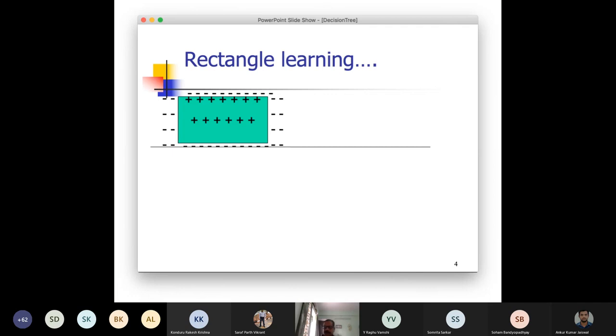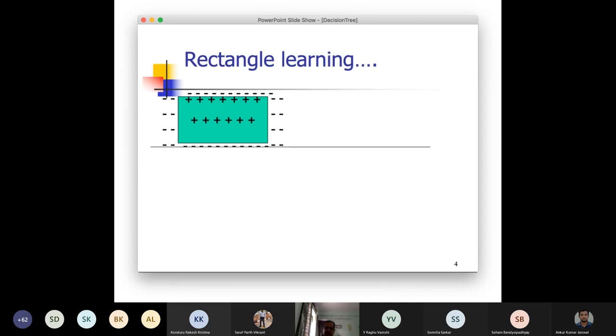Another example of this kind of concept of decision tree. Suppose I give you a set of labeled points in a two-dimensional space, and the labels are shown here already. They are positive or negative. So it's a two-dimensional coordinate space.